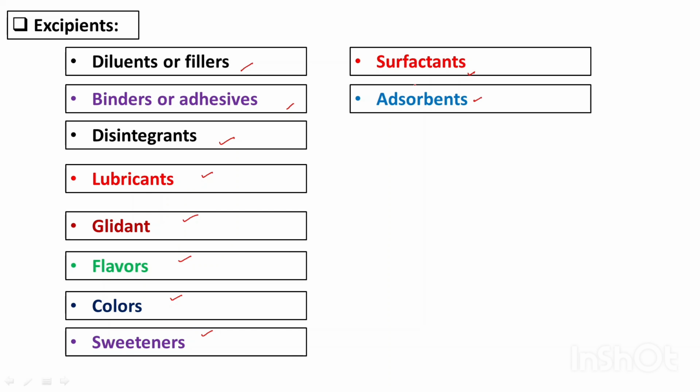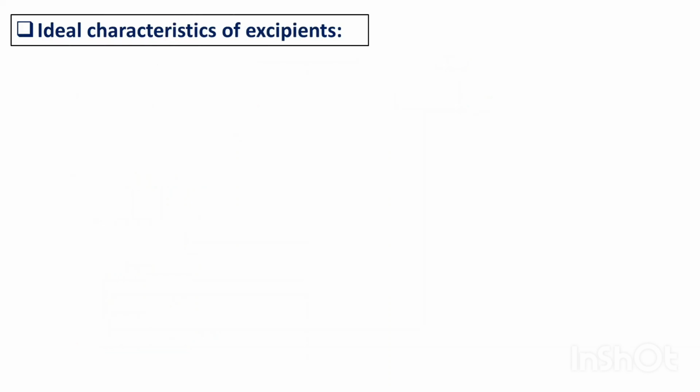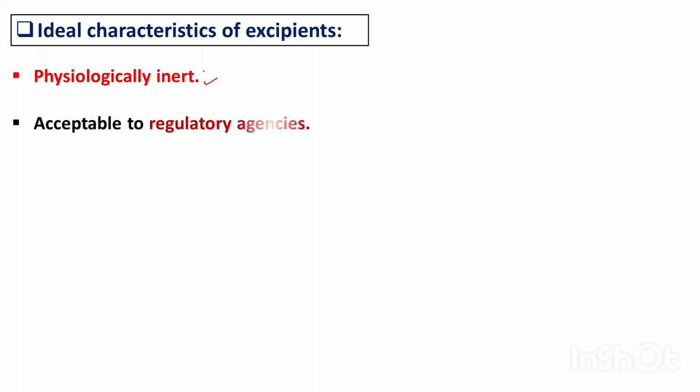We take the excipients with active pharmaceutical ingredients to give a desired shape, size, and weight to a single unique dosage form called tablet. Okay, so moving forward, the ideal characteristics of excipients. When we say an excipient is ideal in nature, first of all, it should be physiologically inert, right? This means the excipient does not affect the main API or the patient, and is also acceptable to regulatory agencies.